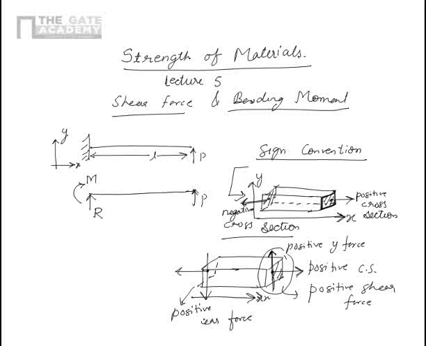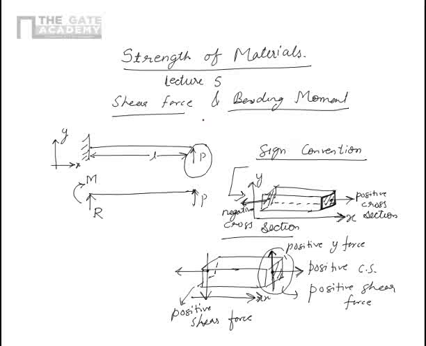Now, why is it important? It is important because of this reason. If I say that there is a plus 10 Newton of shear force acting on a beam on its plus x end. So for example, in this example, this P is acting on the positive cross section because this is the end point which is in plus x direction, and this force acts in plus y direction.